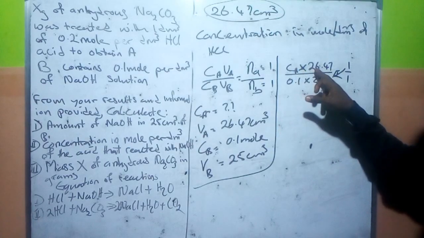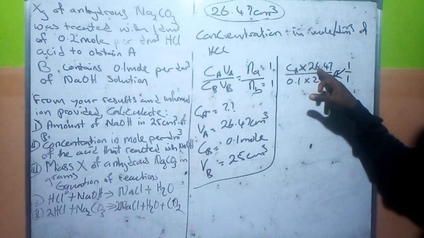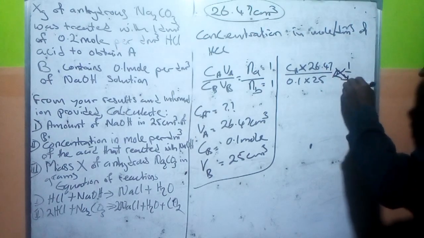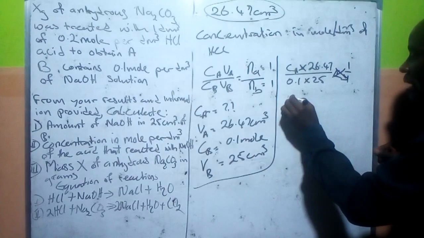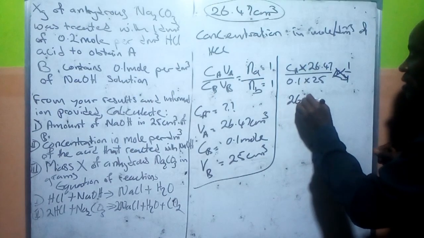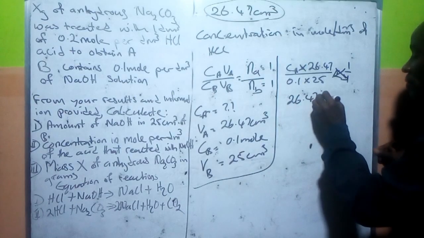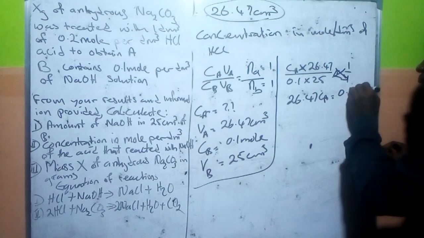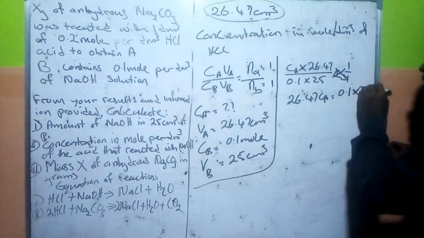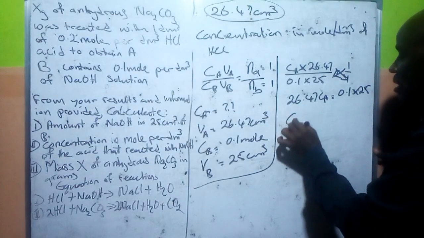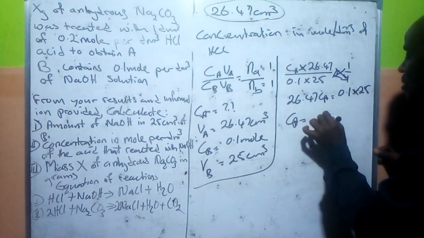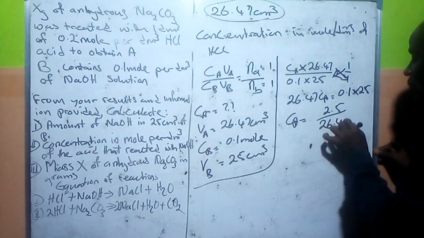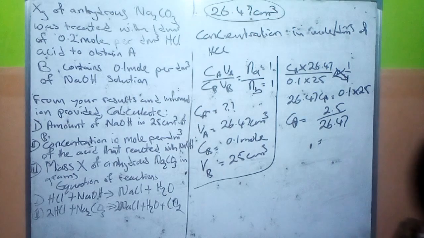This Ca multiplies 26.47, and we multiply this one which is under here. So we can have something like this: 26.47 Ca equal to 0.1 times 25. So in that case, Ca will then be 2.5 all over 26.47.